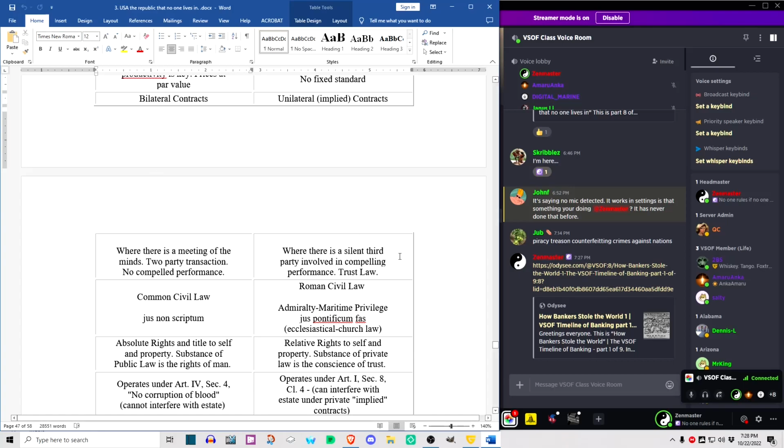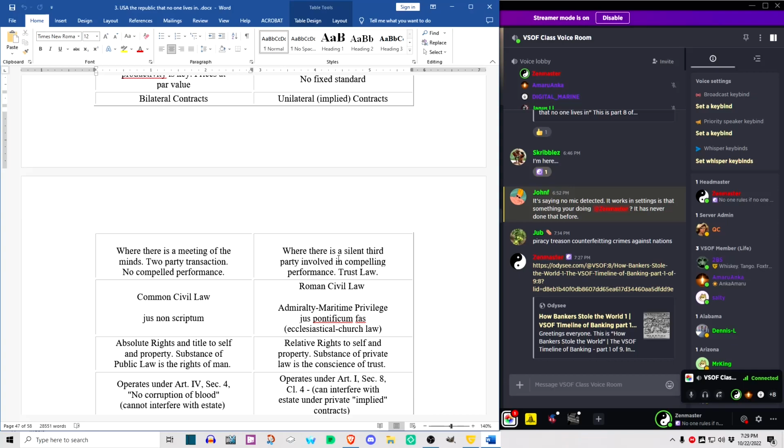This side, this is where the silent third party is involved in compelling performance, and this is an aspect of trust law, because your whole entire estate is being administered, but it's broken up into various trusts. When you understand trust law, it gives you a tremendous power over them and what they're doing in the court system, because you can express the trust and say, look, I know what you're doing.